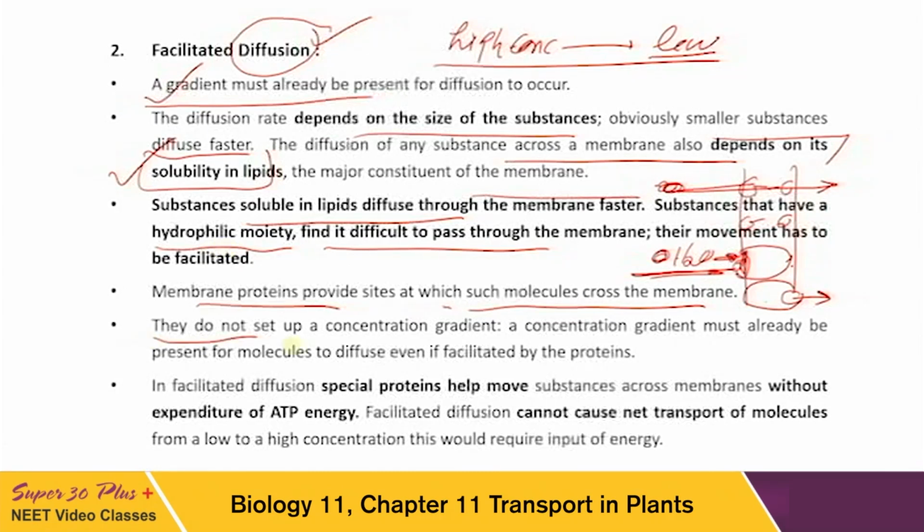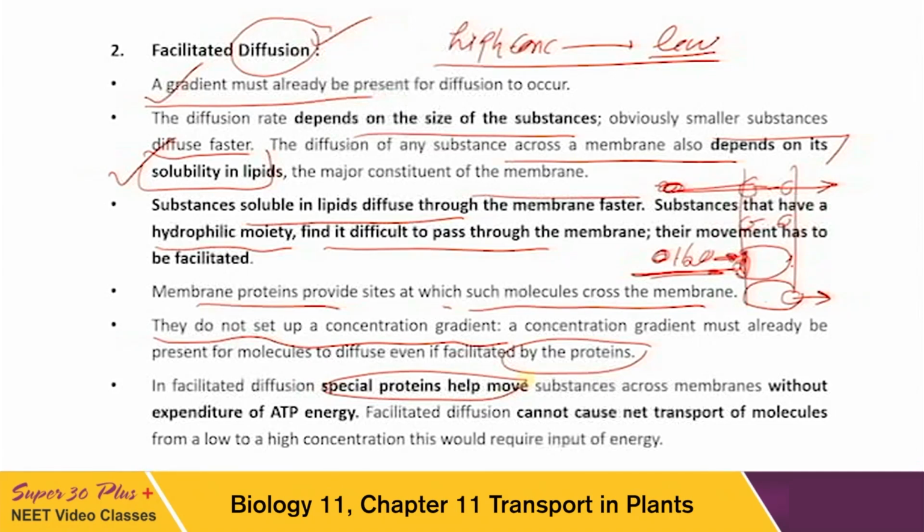They do not set up a concentration gradient; the gradient from high concentration to low concentration is already there, and the membranes have proteins which facilitate diffusion. A special type of protein takes the substance from one side and rotates to the other side.